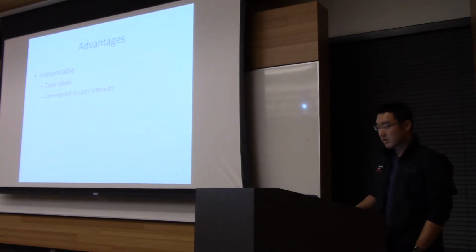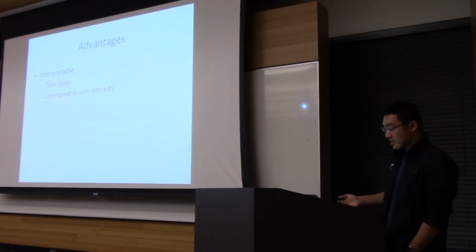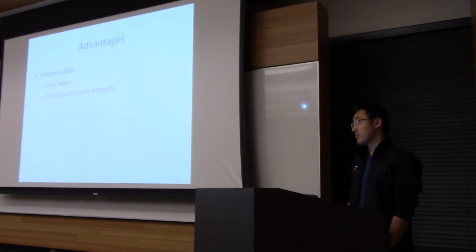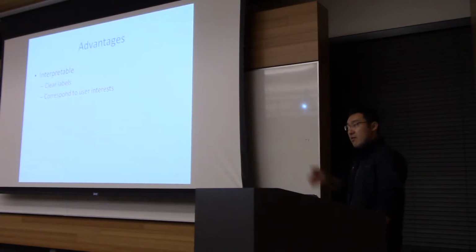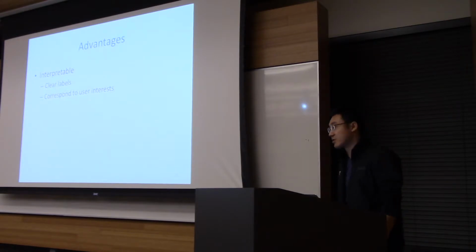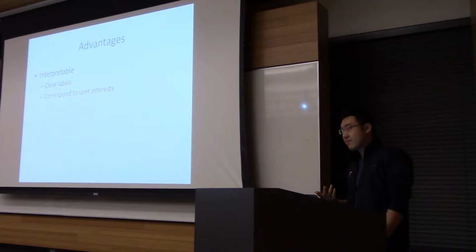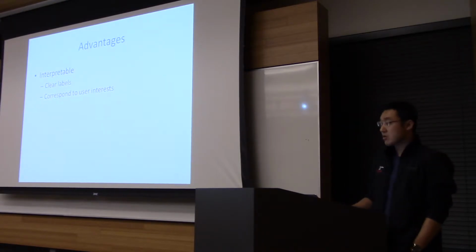Okay. So there's some advantages. This representation is very interpretable. So we have a label, if you will, for every dimension of our essentially a matrix factorization problem, because it's self-identified, and therefore, it clearly corresponds to some specific set of user interests.